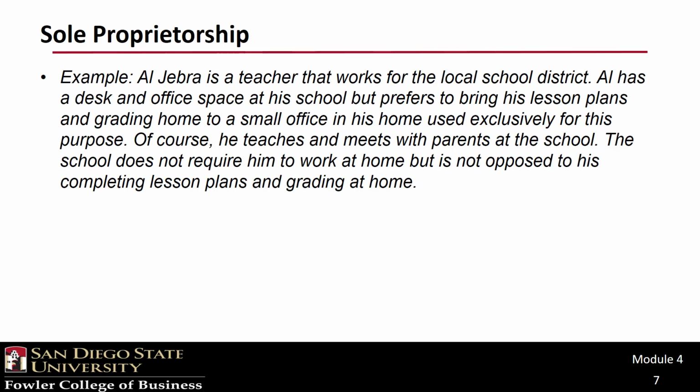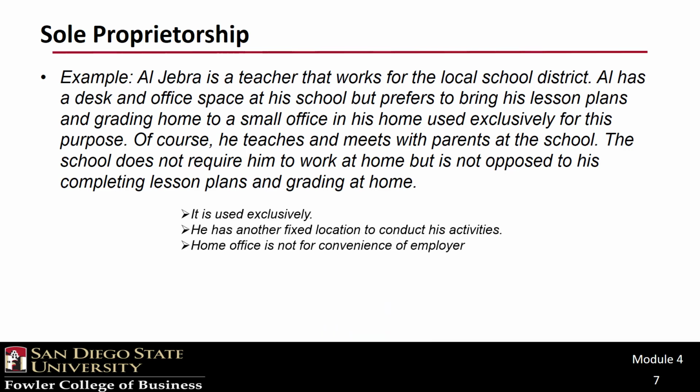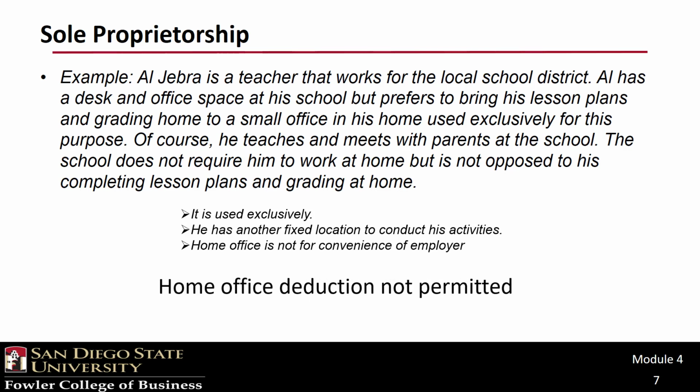All right, let's read about Al. So Al's office is also used exclusively. He has another fixed location, and using his home as an office is not for the convenience of his employer. So as a result, poor Al cannot take the home office deduction.